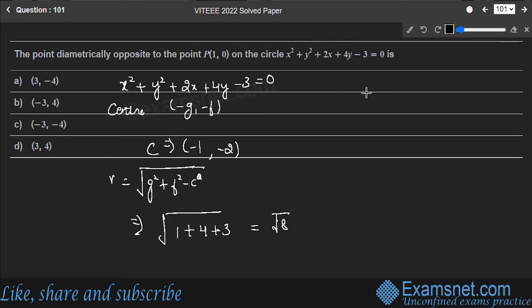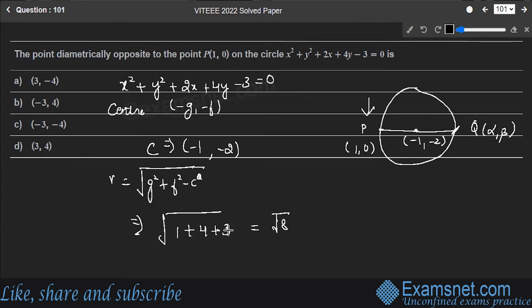Fine. So now let's make the circle. This is the circle. The center of the circle is (minus 1, minus 2). Here is the point P (1, 0). You have to find out the point which is diametrically opposite to this point. Let's say this is (alpha, beta). Now Q (alpha, beta) is the point diametrically opposite to the point P, so the center is the midpoint.